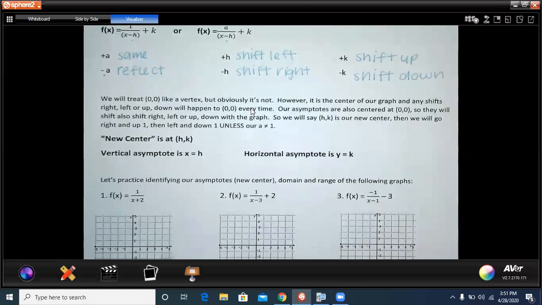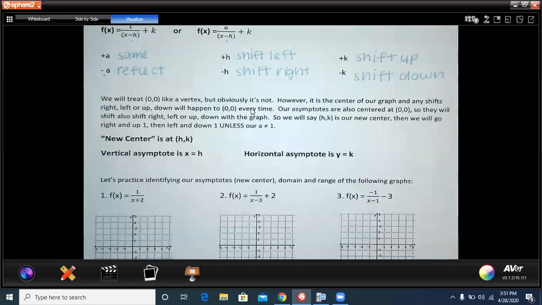And any shifts that we make, left, right, up, down, are going to happen at 0, 0 every time. So we will move however much from 0, 0 that our graph tells us to. Our asymptote is also centered at 0, 0, so they will shift left, right, and up and down as well. So our dotted lines will shift.